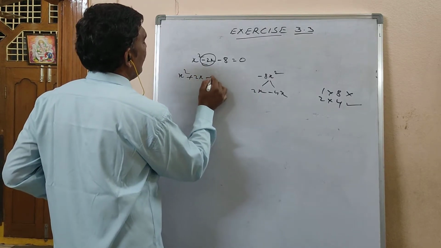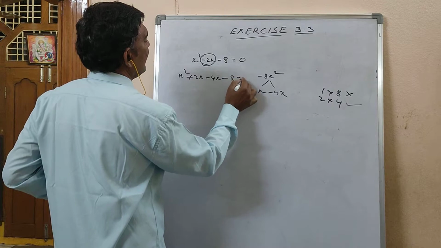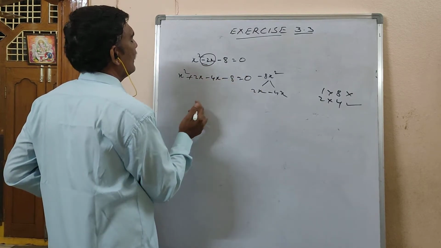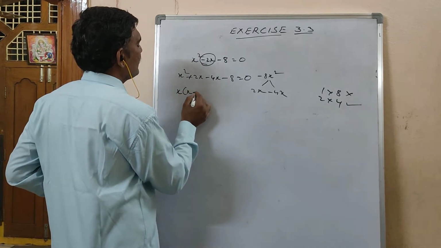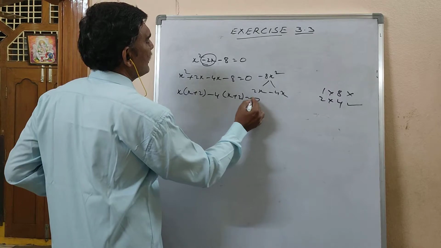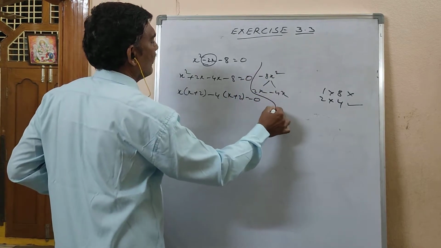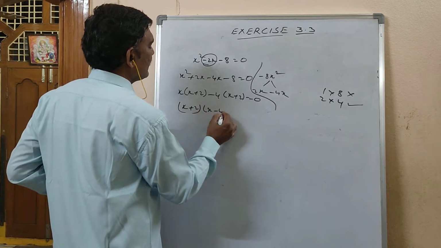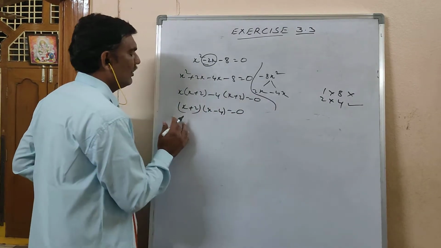Plus 2x minus 4x minus 8 is equal to 0. If I add these two, I am getting this one only. From the first two terms, x into x plus 2, minus 4 into x plus 2 is equal to 0. Then take x plus 2 as common, into x minus 4 is equal to 0.